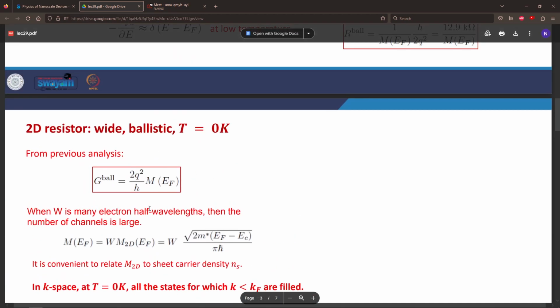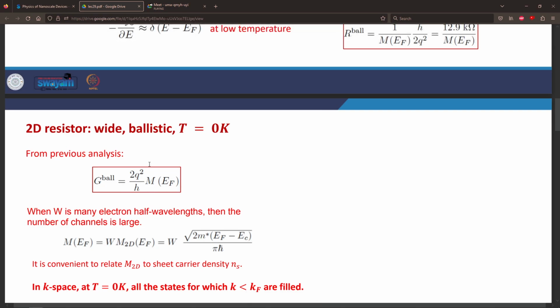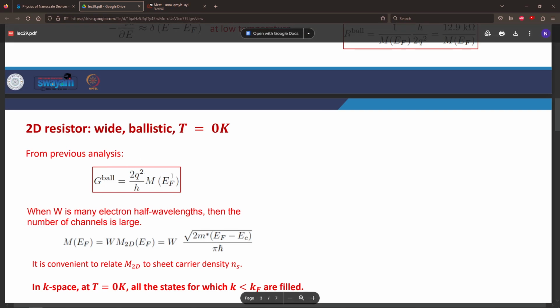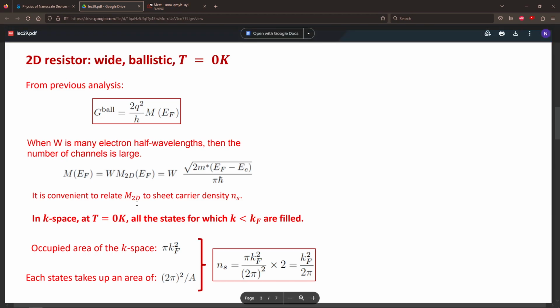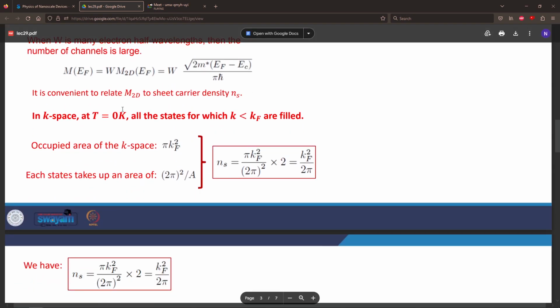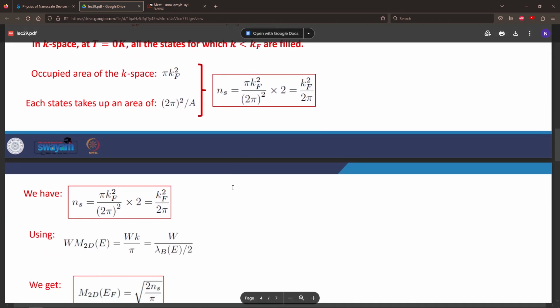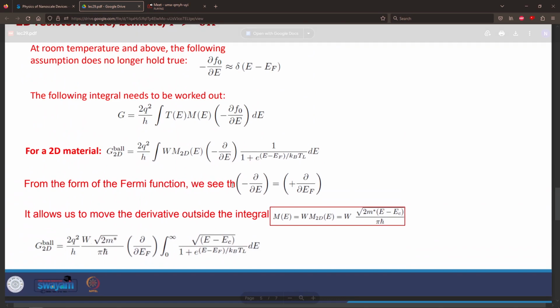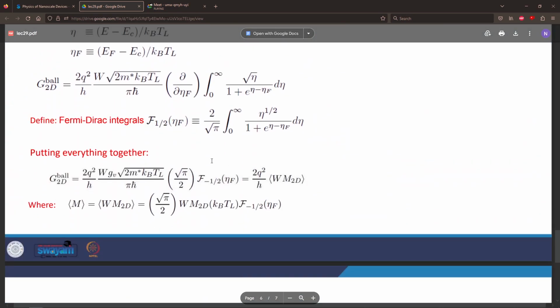As you can see here, at T equal to 0 Kelvin, for a purely ballistic channel, you just have to multiply the quantum of conductance into the number of modes. That is it. And the number of modes for different things, we have different formulae. And again, it is convenient to relate this to the 2D charge carrier density, so the formula here is given. But the thing I wanted to talk about is the Fermi-Dirac integrals.